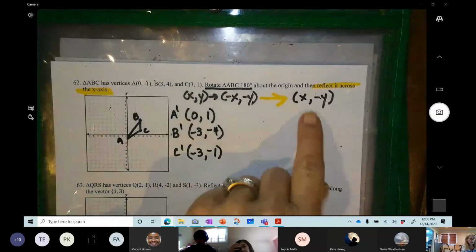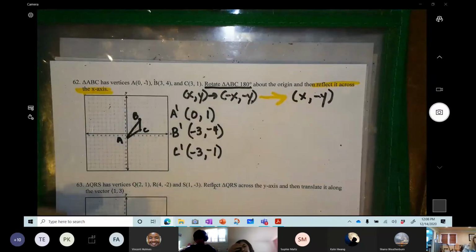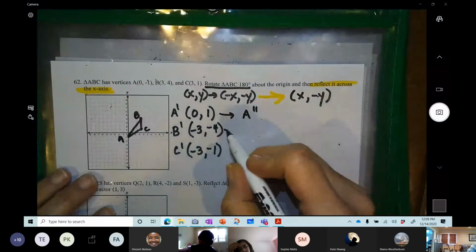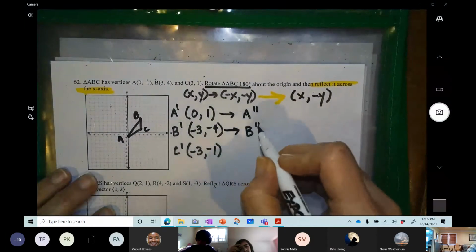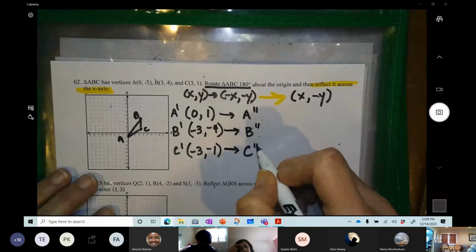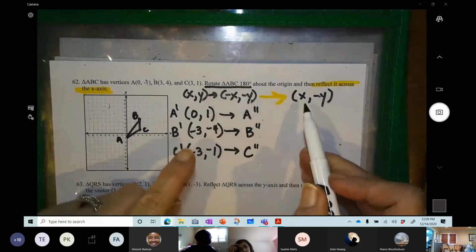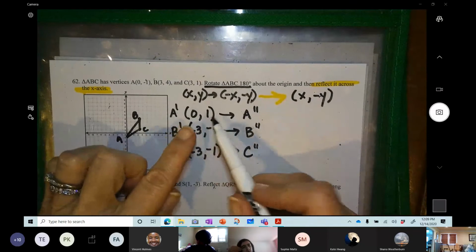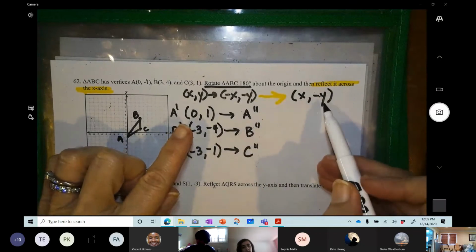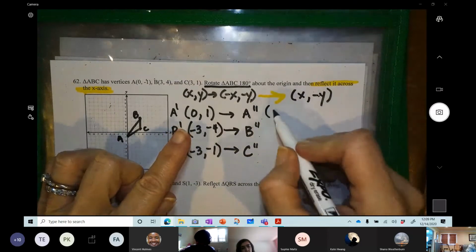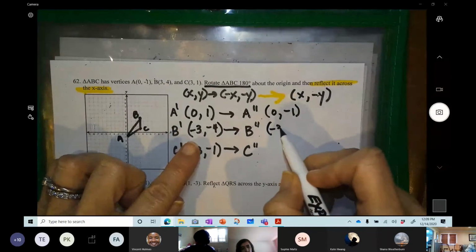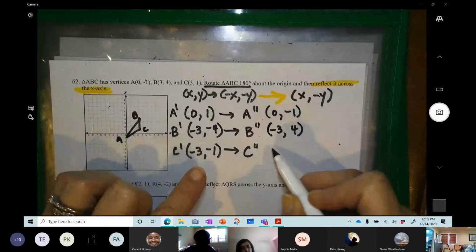Now I'm going to apply the reflection to these as my first XYs, so I go to A double prime, B double prime, C double prime. I start with my original XY, and all that's going to change is the Y goes negative. So it's going to be 0, negative 1. It's going to be negative 3, positive 4.